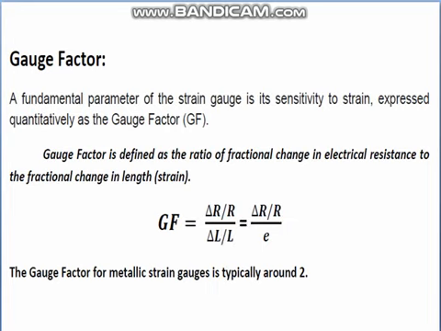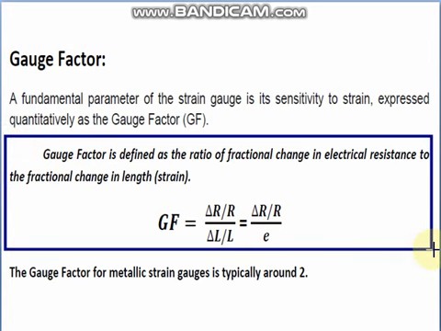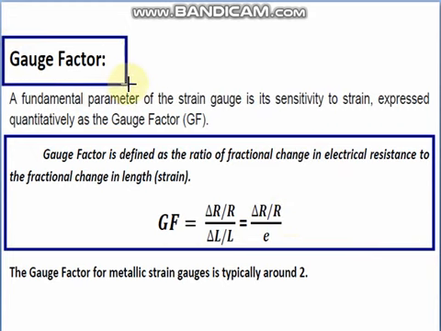There is one more concept of gauge factor. Gauge factor is defined as the ratio of fractional change in electrical resistance to the fractional change in length, strain. For designing a strain gauge, there is a need of gauge factor.